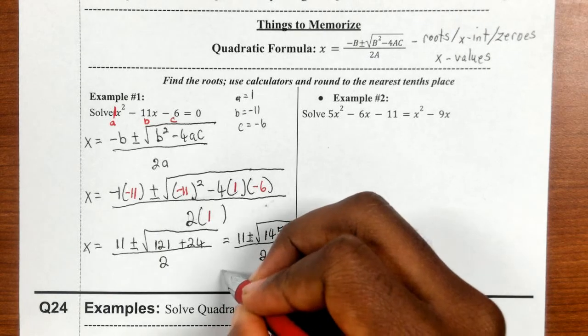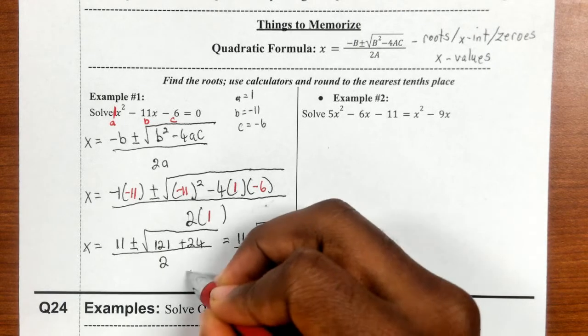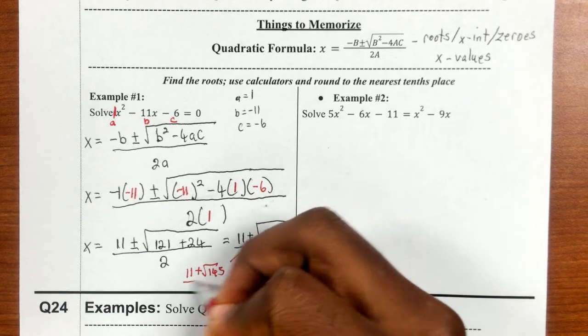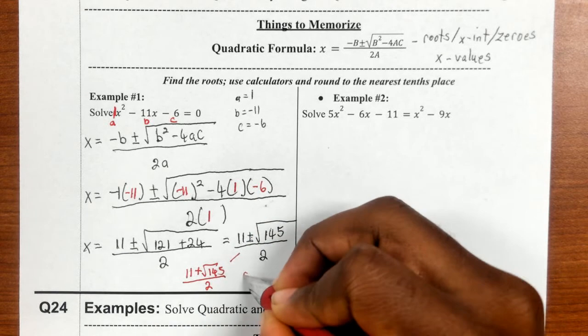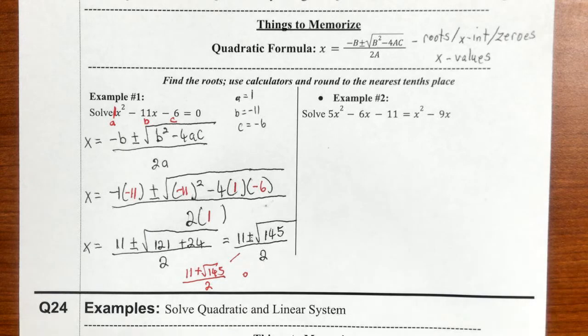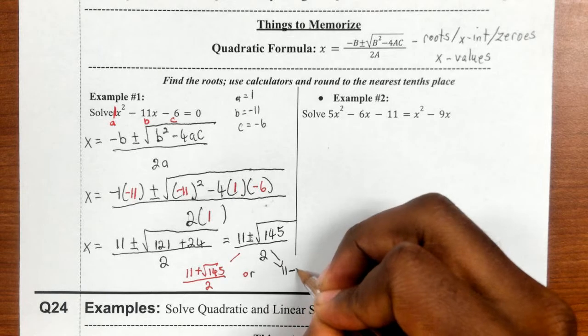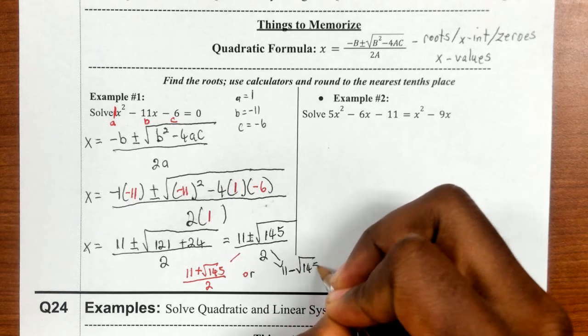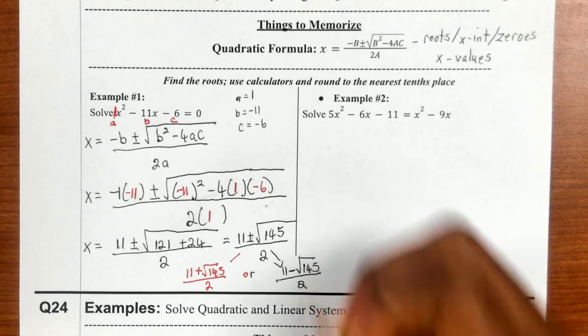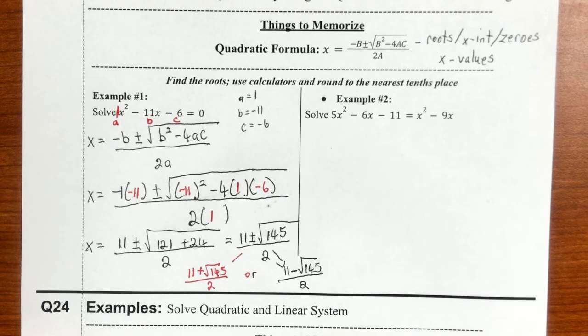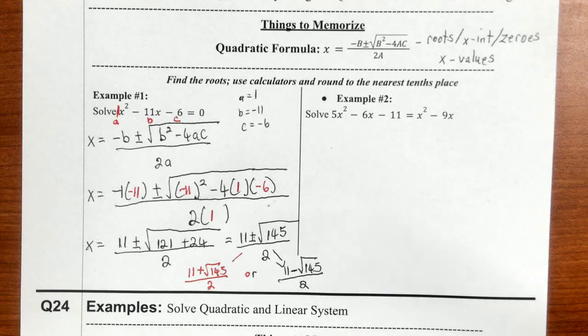This can be rewritten as 11 plus square root 145 over 2, or 11 minus square root of 145 all divided by 2. We end up with two answers, because when finding the roots of a quadratic, we always end up with two x values.